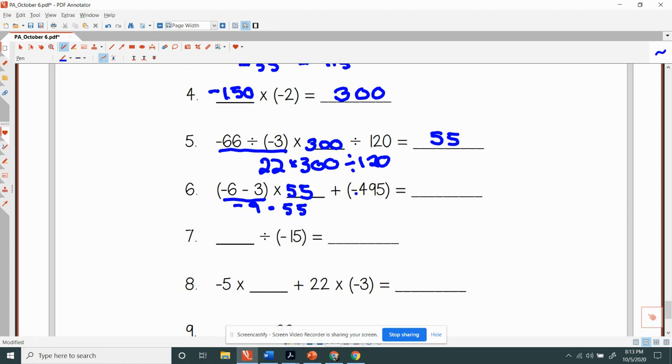Now, plus a negative is the same as subtracting, so minus 495. So negative 9 times 55 minus 495, and that equals negative 990.